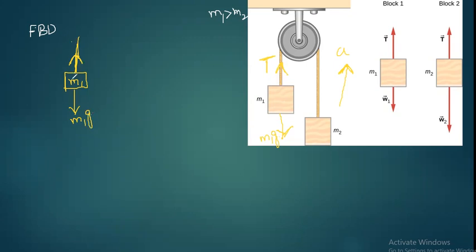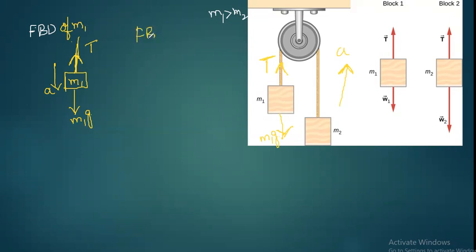And the acceleration is acting like this. This is our FBD of m1.